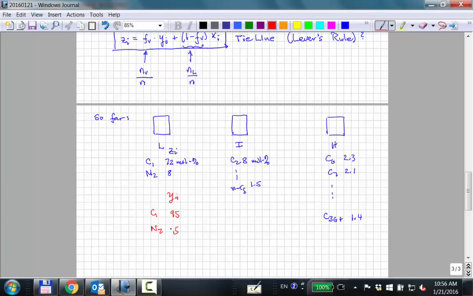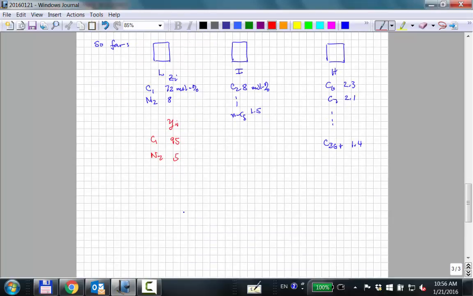It's not the same light component. It has a different molecular weight in the gas. And if I look at the oil composition in the real system, this might be 0.2 and 16 or something, maybe not 0.2, but 3, I don't know.